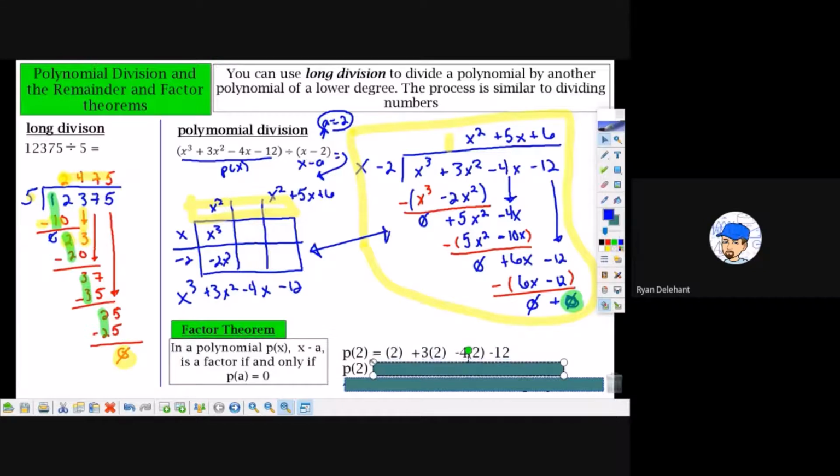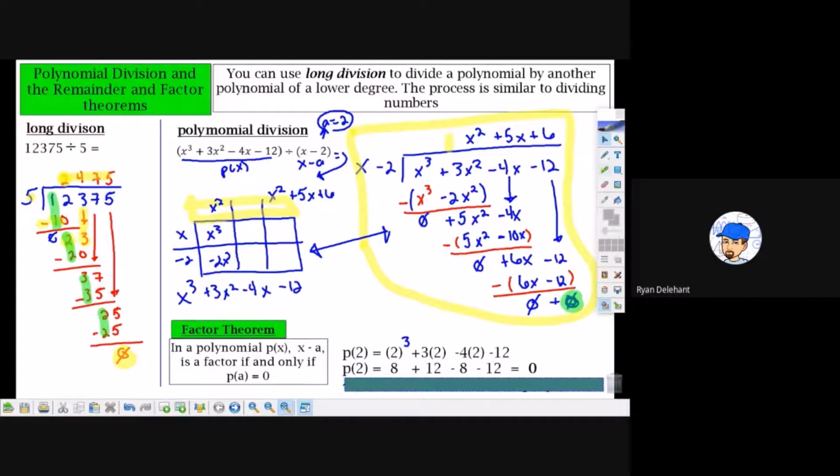So make all those x's 2, and let's see what happens. What is 2 to the third? 2 to the third is 8, right? What is 3 times 2? That's 6. Then we get a negative 8, and that 12 doesn't change.